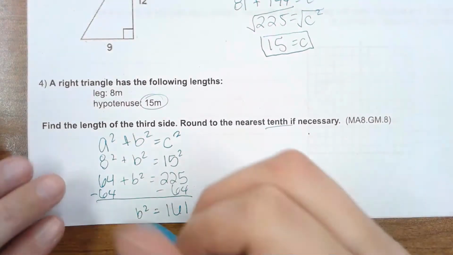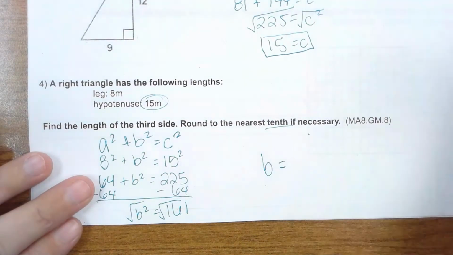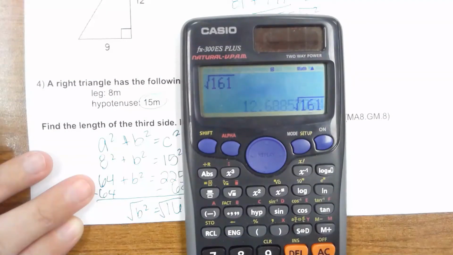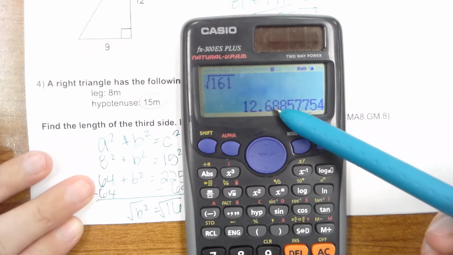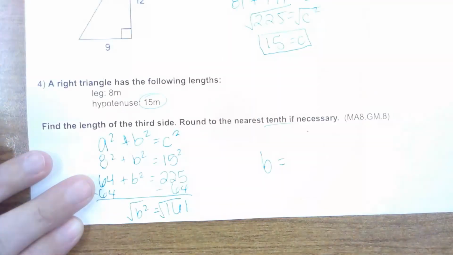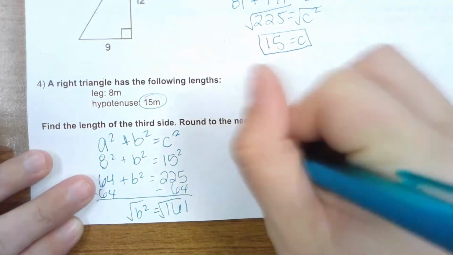And then to get b by itself, I'm just going to square root both sides. So b equals the square root of 161, which is 12.68. Rounding to the tenths place, look at the 6 and look at the number behind it. If it's 5 or greater, the 6 would become a 7. So our answer here would be 12.7.